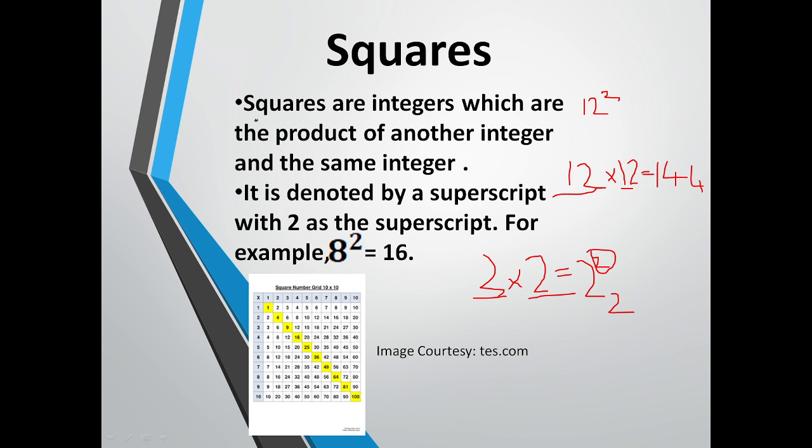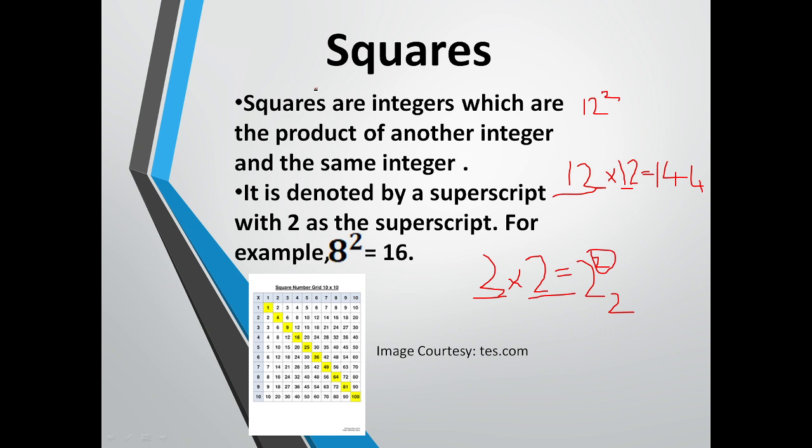One more thing I forgot to mention here: taking out a square means repeated multiplication. Actually I'm talking about the bigger part of square, which is powers. Powers are actually repeated multiplication.